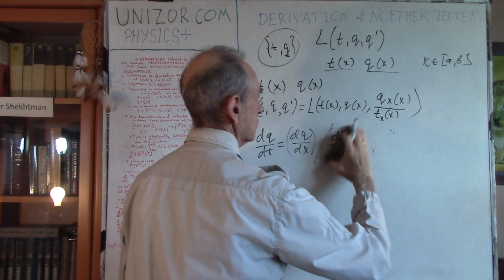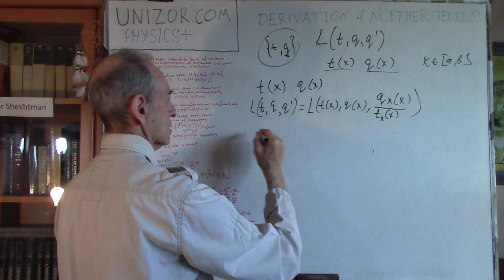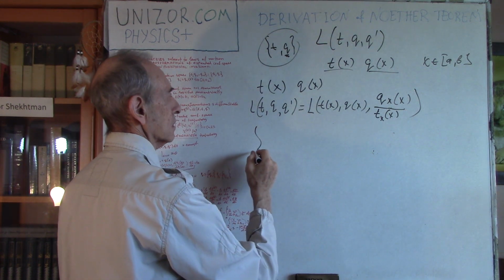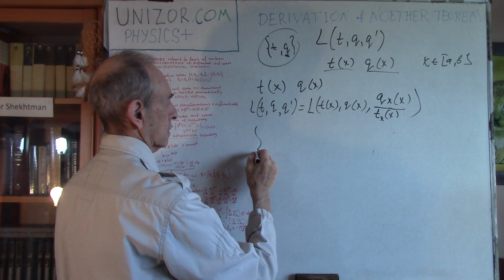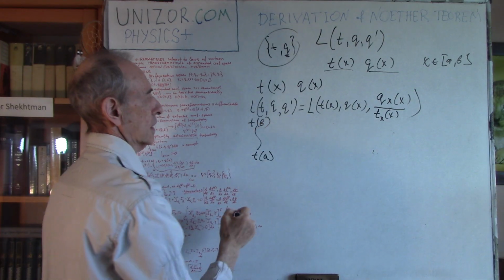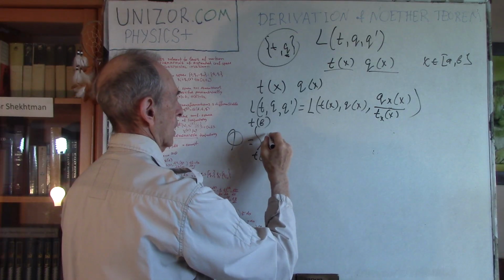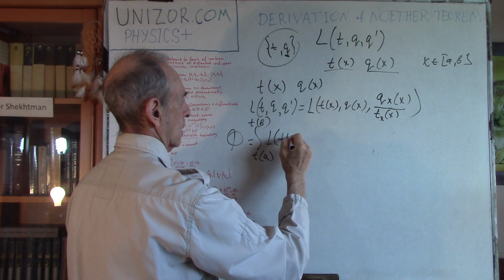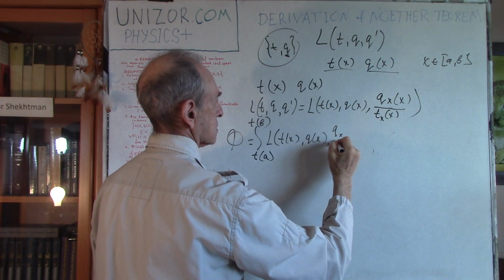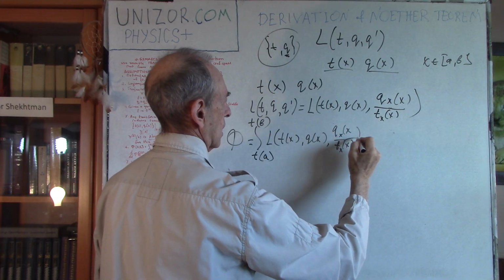And if you are talking about the action function now, which is an integral, I can put the integral from t(a) to t(b), the beginning and the end. This is my action function of this Lagrangian, L of q(x), q_x, t_x, of x, dt.